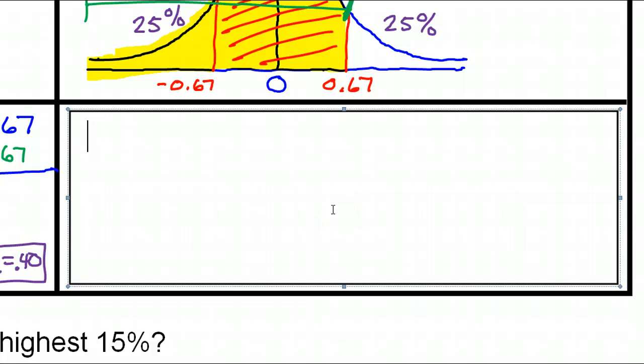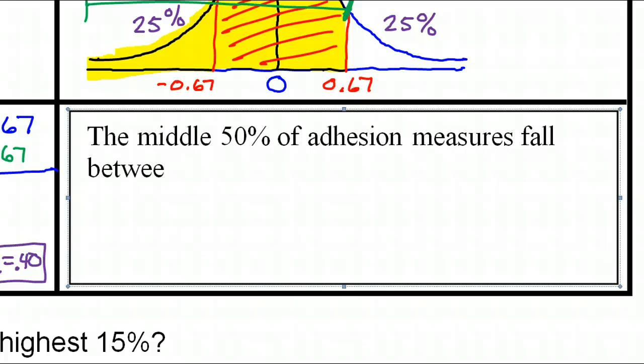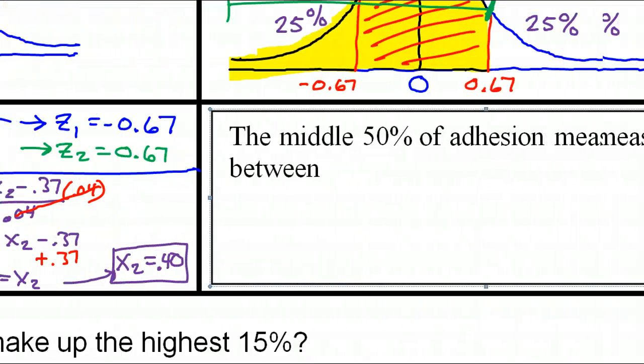I'm going to turn that back around. So the middle 50% of adhesion measures fall between 0.34 and 0.40.